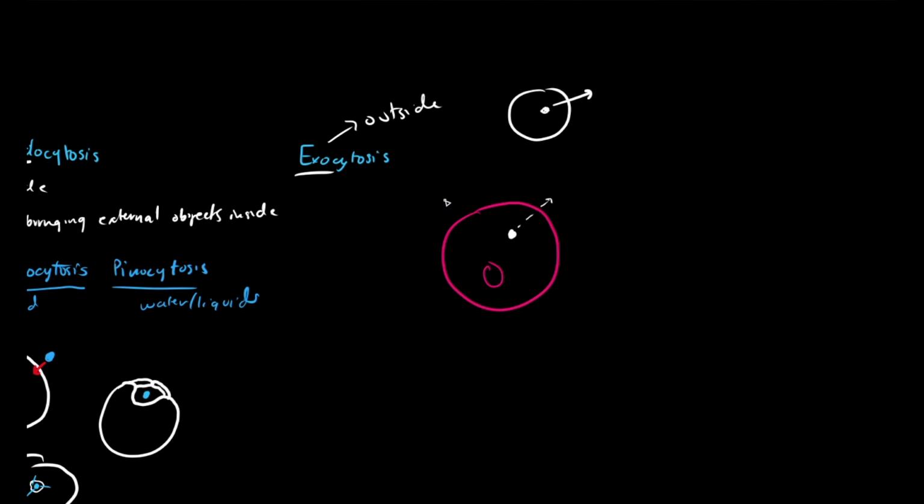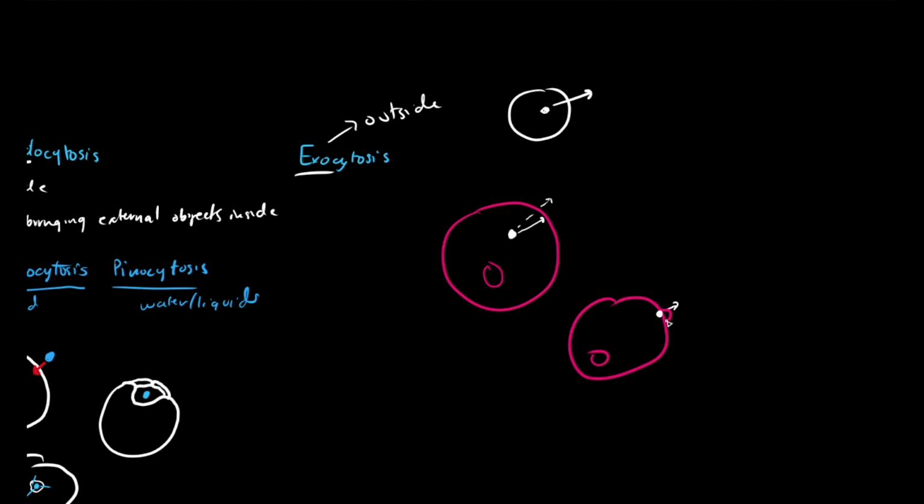So what happens is that this object actually traverses to the membrane. So it actually gets onto the membrane, and we see something like this. And then what happens is that as the cell tries to push it out, the object actually becomes encircled within the membrane.